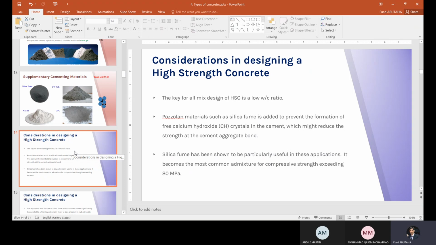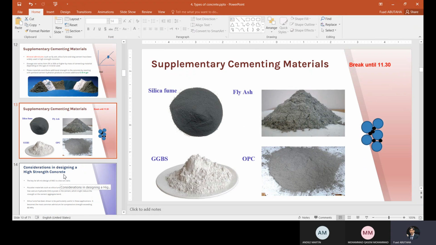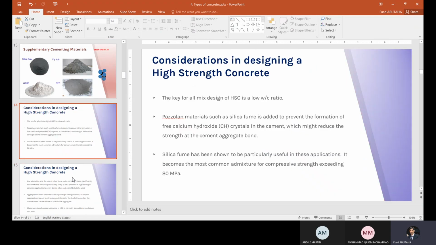So in order to start, as I said before, for high strength concrete there is no standardized method, there are no steps that you can follow in order to design high strength concrete. But they can give you some information, criteria or factors that can help you in the mix design of concrete to achieve high strength concrete.